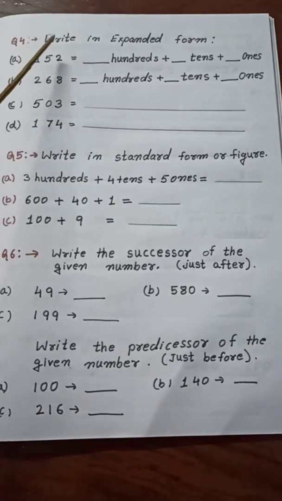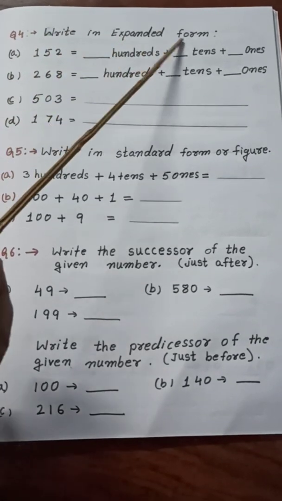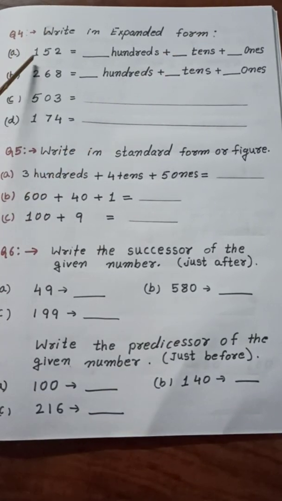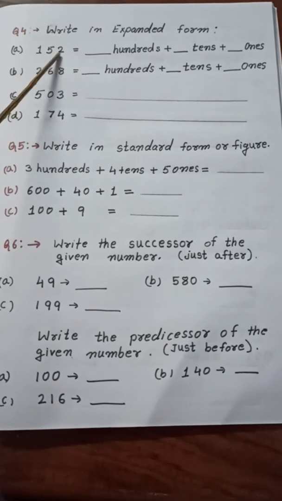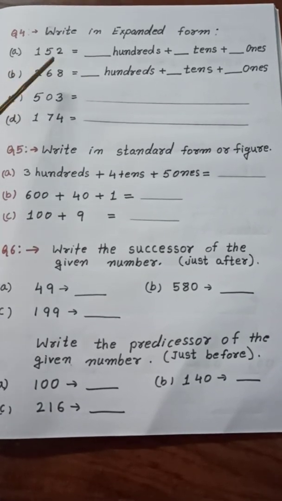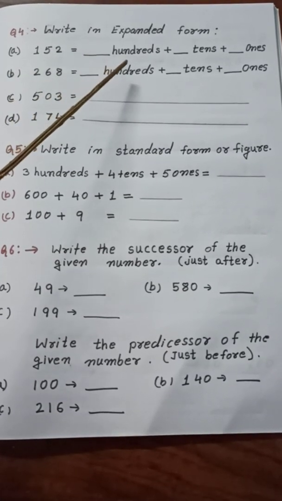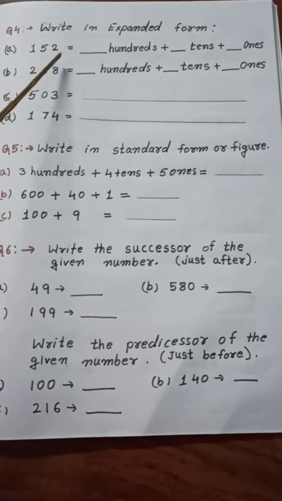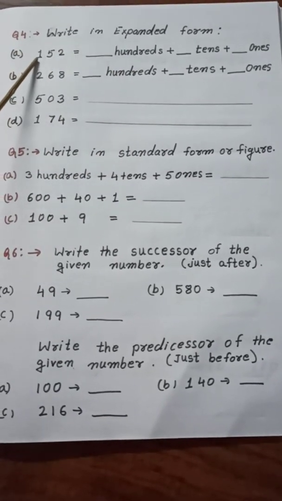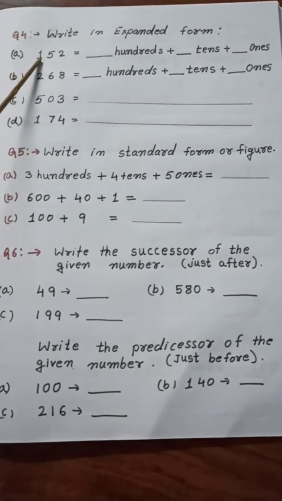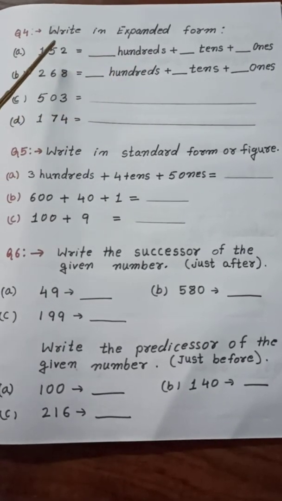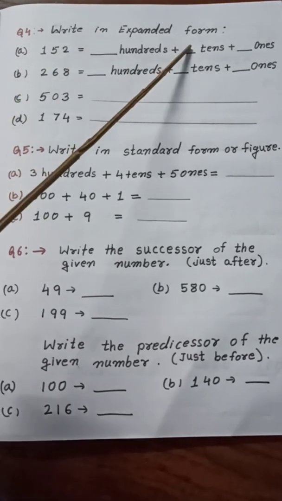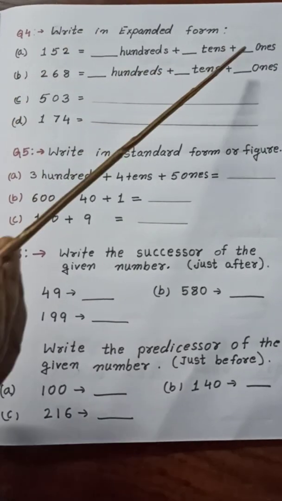Next question, write in expanded form. Here is given the number 152 and we have to expand this number. The answer can come in two ways. First, let's see: 1 is at the 100 place, so we write 1 hundreds, then 5 tens and 2 ones.